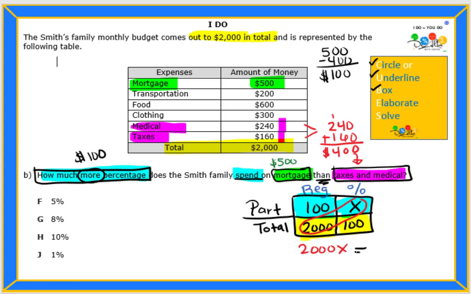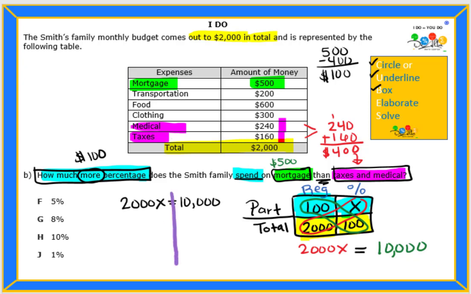And that is equal to the cross product 100 times 100, which is 1 with 4 zeros, which means 10,000. So now we have a one-step equation, and we can solve it. Our one-step equation is 2,000x is equal to 10,000. And we want to solve for x.